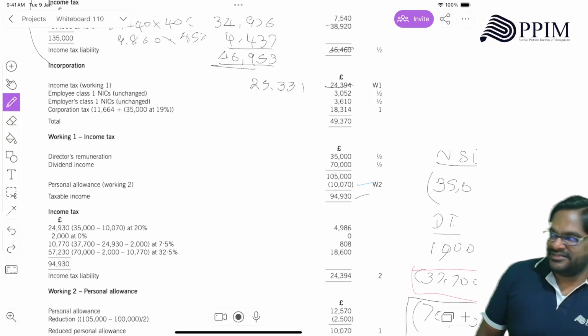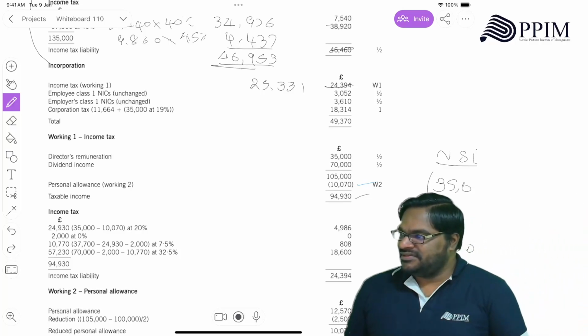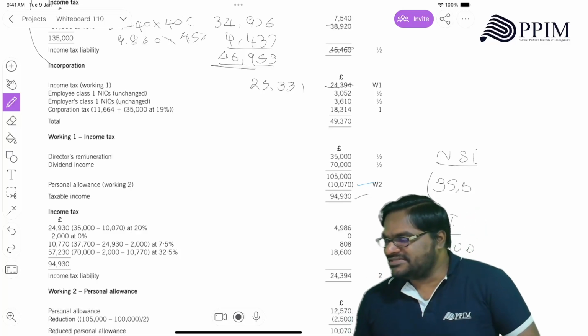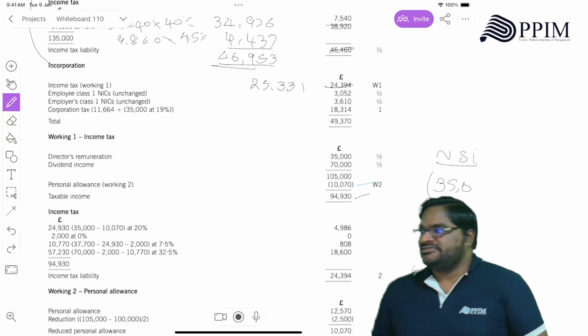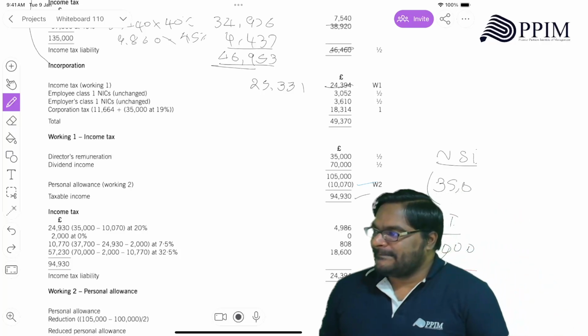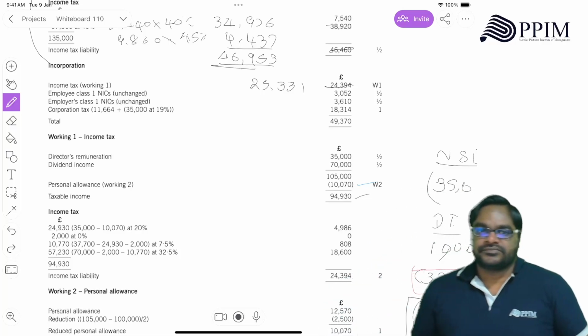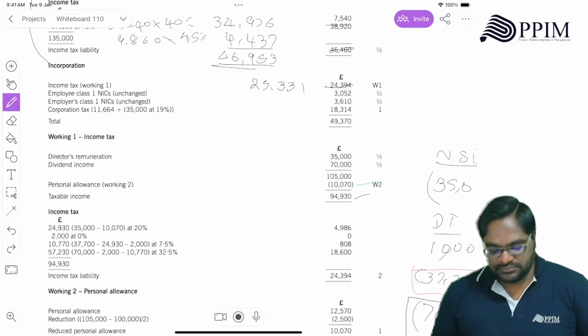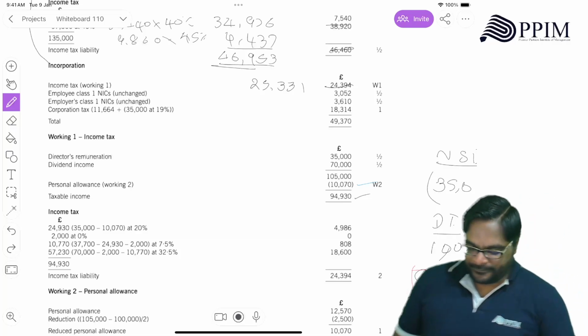Isn't it? Effective marginal rate, okay, you can go for the effective marginal rate also. Up to 50,000 it's 19%. That's how you should calculate.